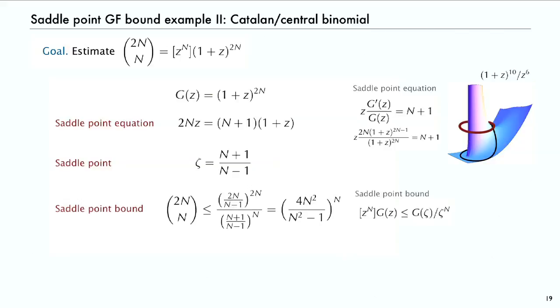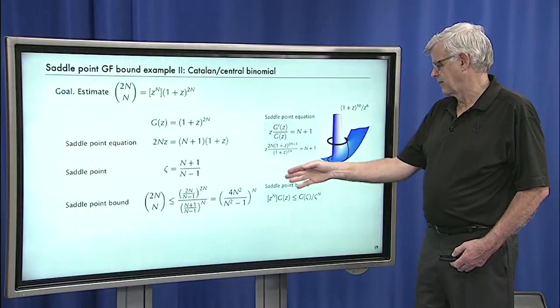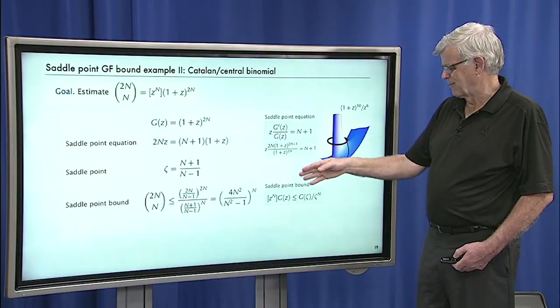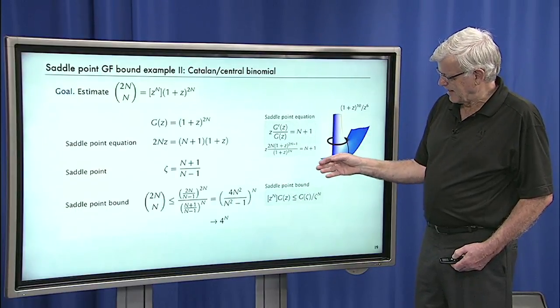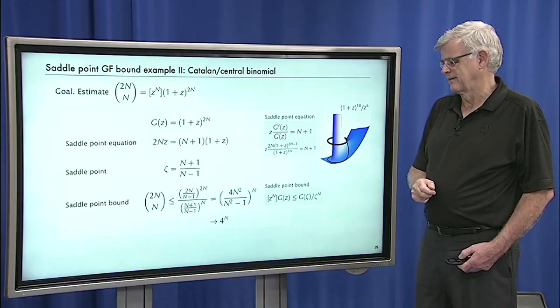And then the saddle point bound is to take g of zeta over zeta to the n, so n plus 1 over n minus 1 to the n. And then g of zeta is 1 plus that to the 2n, and working it out, we get 4n squared over n squared minus 1 to the n. And again, that's about 4 to the n.